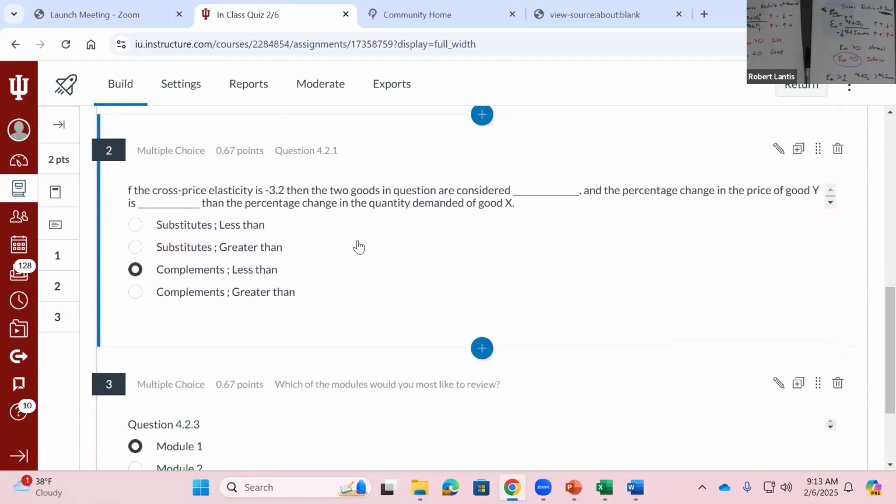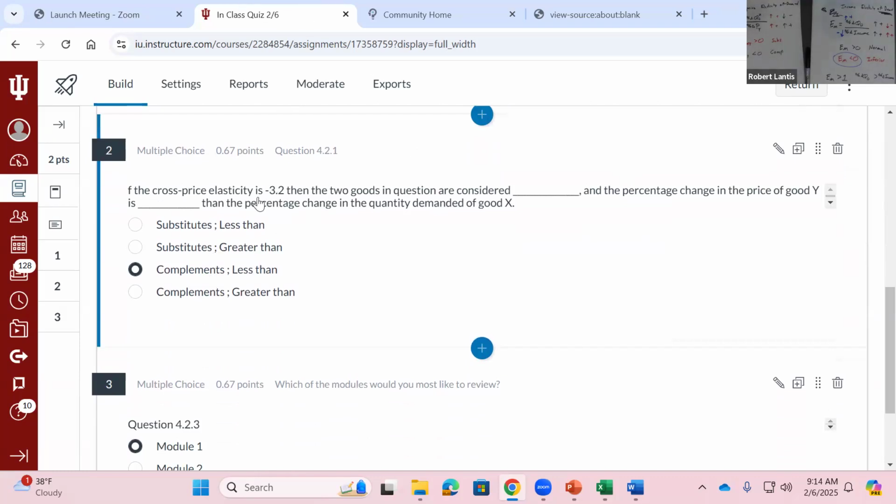What if I had this cross price elasticity of negative 3.2? Well, we just talked through an example, heroin and cocaine. We said that when the cross price elasticity is negative, the price of cocaine went up, and people used less heroin. That means they must have been complementary goods. So the sign will tell us whether or not they're substitutes or complements.